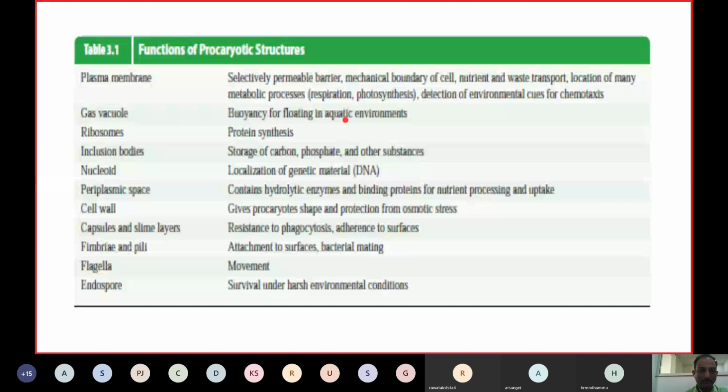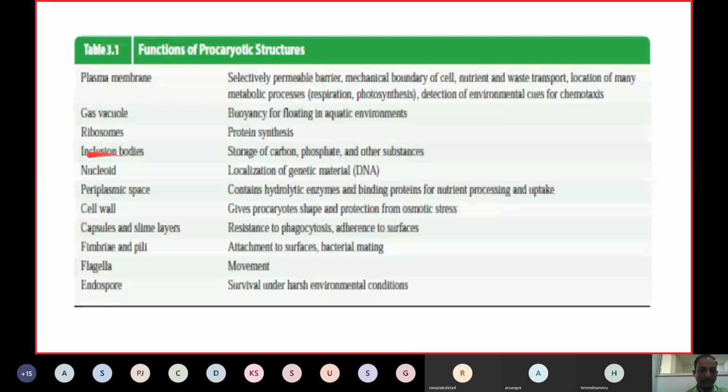Likewise, ribosomes, which are present as 70S in prokaryotes, subdivided into 50S and 30S, are the site of protein synthesis. There are also many inclusion bodies or reserve deposits present in bacteria, which help the bacteria in unfavorable conditions by providing different nutrients required for survival and growth.